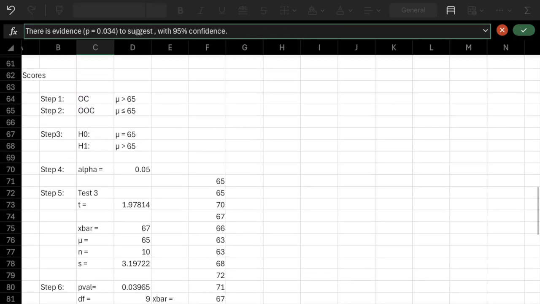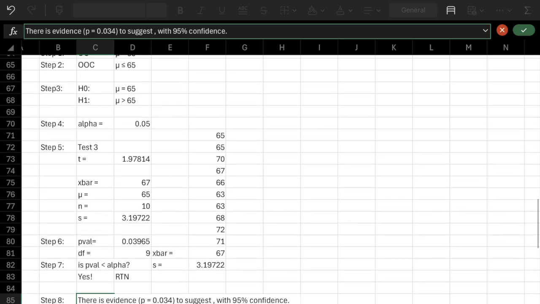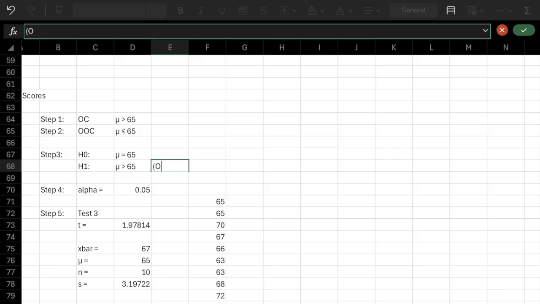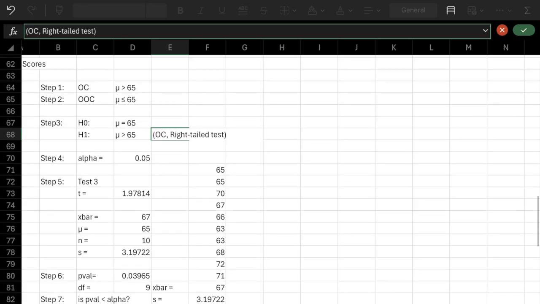And again, I'm using suggest because, let me go ahead and write some of this stuff in here. Okay, so this here is the original claim, right? It also indicates a right-tailed test, which we took into account because we used t.dist.rt. Because this is the original claim, I'm going to be saying support.